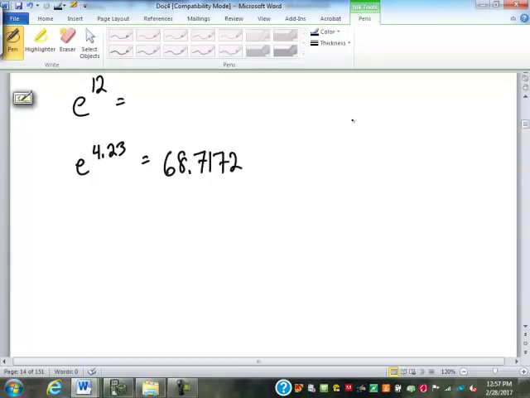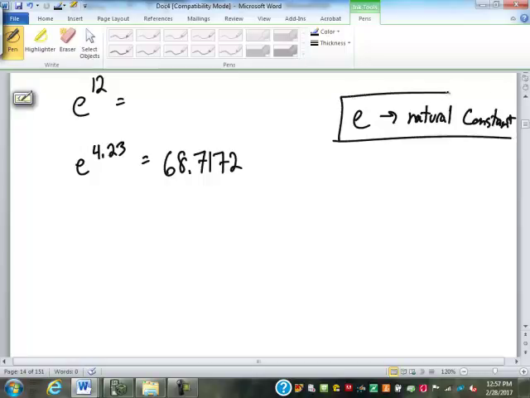Remember, e is the natural constant. It describes the way a lot of things work in nature. What e actually is, it's found by taking 1 plus 1 over n to the power of n as n goes to infinitely large. So the larger number you put in there, the closer you get to e.